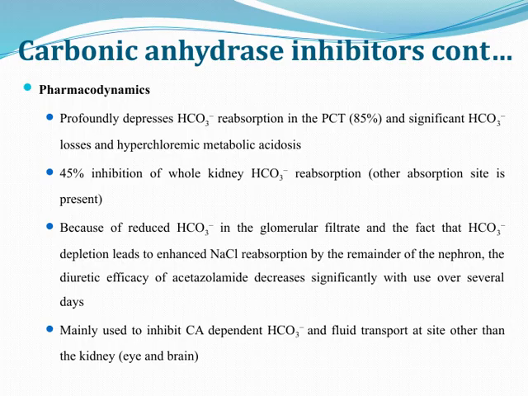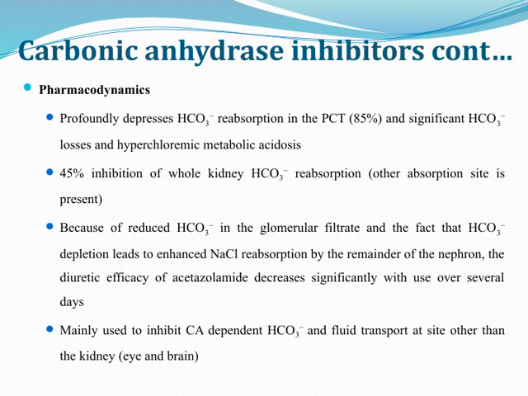Essentially, you're losing bicarbonate, which is crucial for maintaining acid-base balance, and this loss causes a shift in chloride levels. Interestingly, these inhibitors block roughly 45% of the bicarbonate reabsorption across the entire kidney. Keep in mind, there are other sites in the nephron that can reabsorb bicarbonate, so this isn't the complete picture.